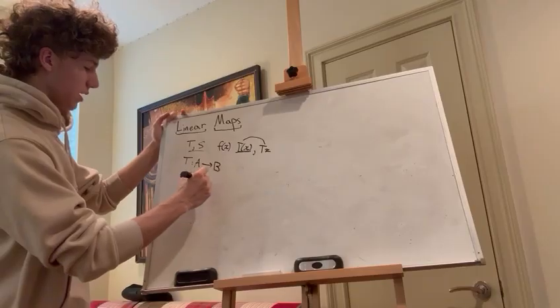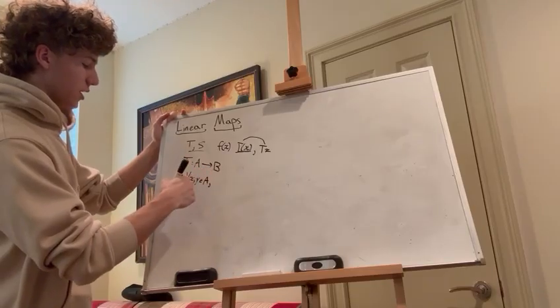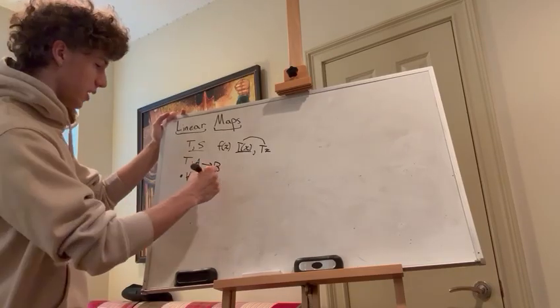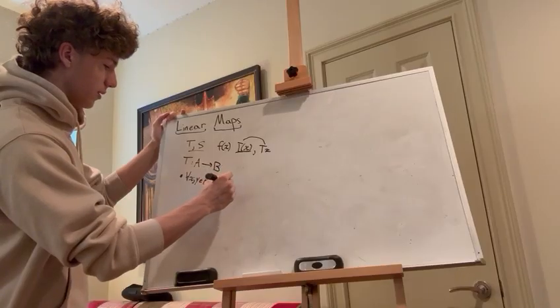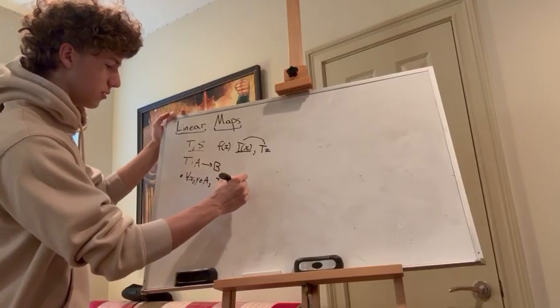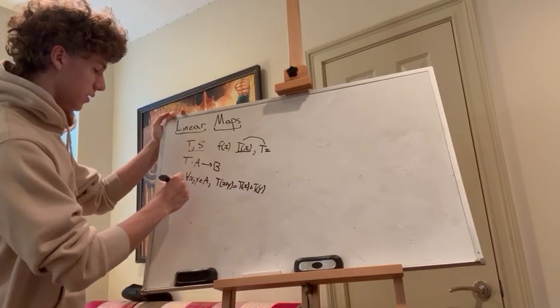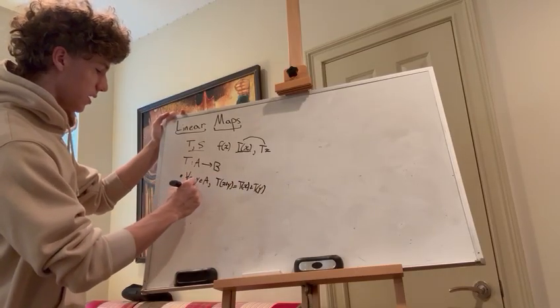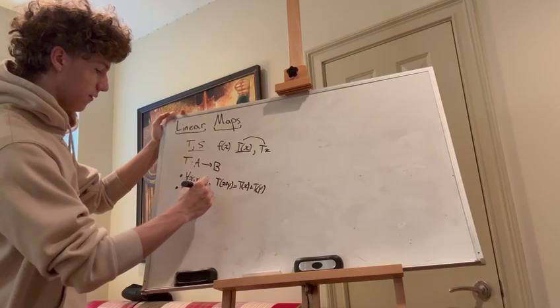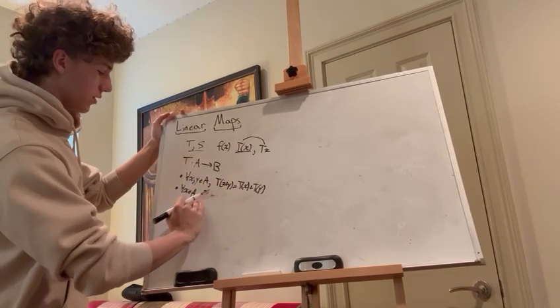For all x and y in A, for each one of those, no matter which two we choose, we have the following, which we just talked about, T of x plus y equals T of x plus T of y.